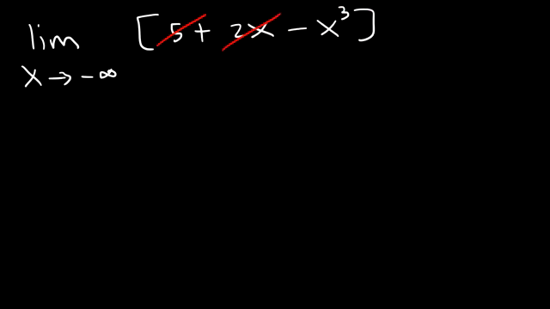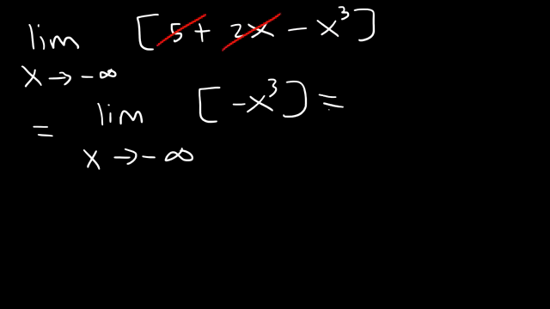So this expression is equivalent to the limit as x approaches negative infinity of negative x cubed. When x becomes very large, the other terms, 5 and 2x, are insignificant. For example, if x is negative 1,000, 2x is negative 2,000, but negative x cubed is going to be positive 1 billion, which is a lot larger than 2,000.